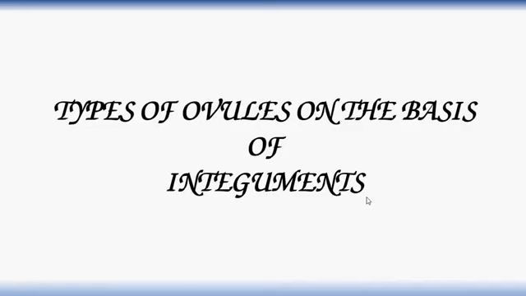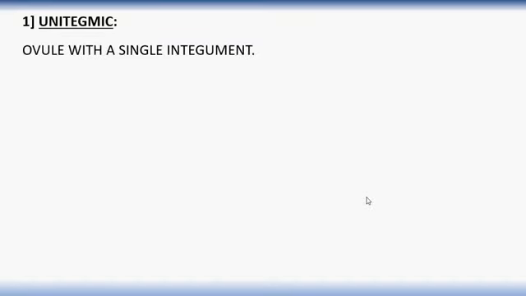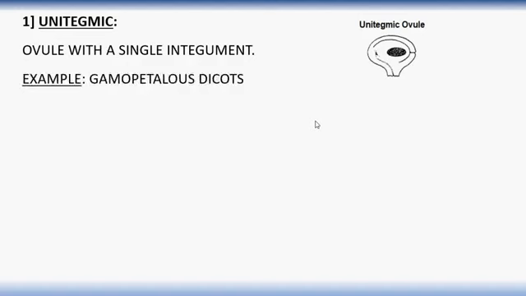Types of ovules on the basis of integuments. First type, unitegmic: ovule with a single integument. So look at this photograph. The entire ovule having only one integument is a unitegmic ovule.